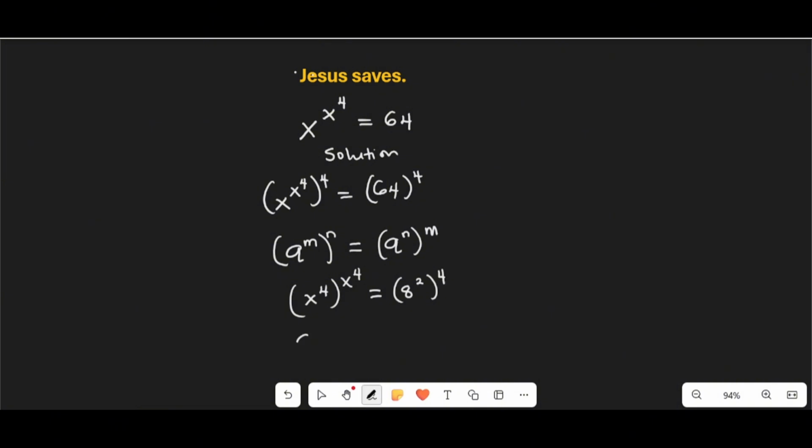And (a^m)^n can be written as a raised to the power m multiplied by n. So let us use this formula for the right hand side, which implies that we can multiply 2 and 4 together.